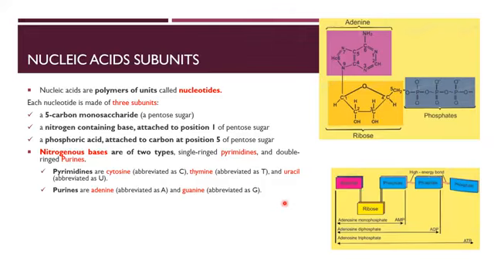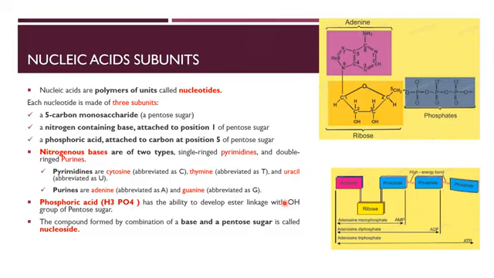Okay. Now, the phosphoric acid has the ability to develop the ester linkage with a hydroxyl group. And the compound formed by the combination of base and pentose sugar is known as the nucleoside. Okay, this phosphoric acid has the ability to make a bond with the hydroxyl group of the carbon number 3 of the other nucleotide.